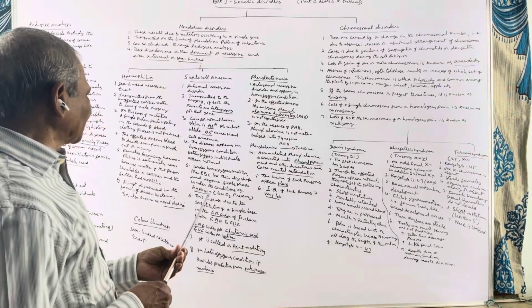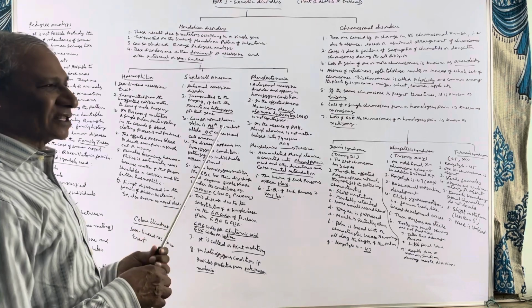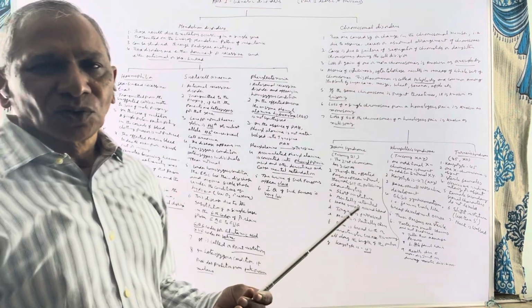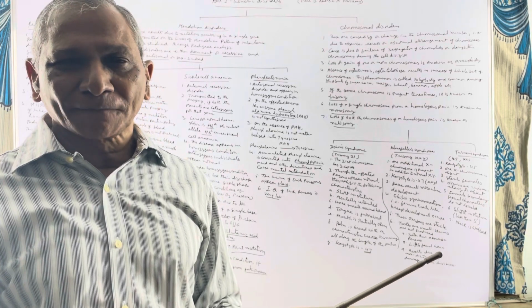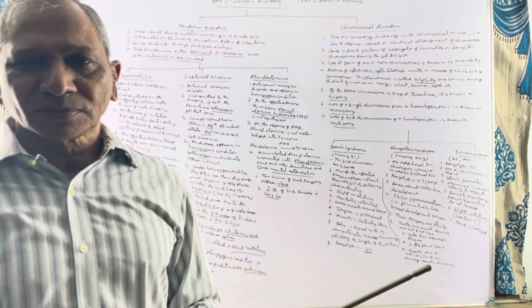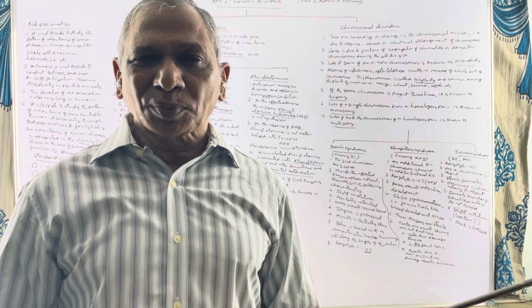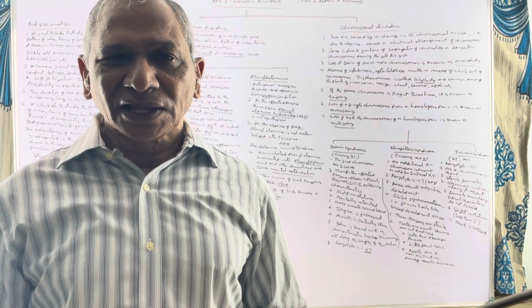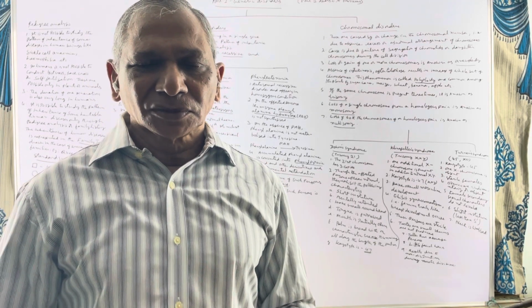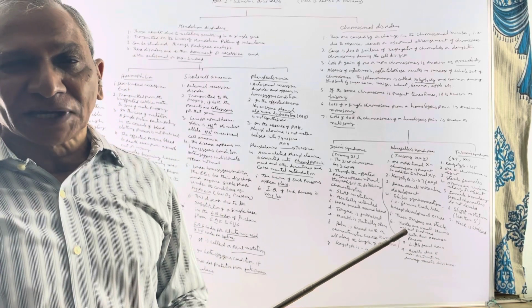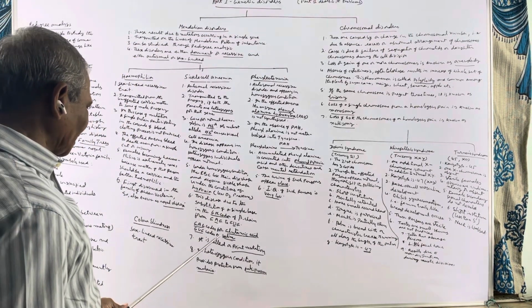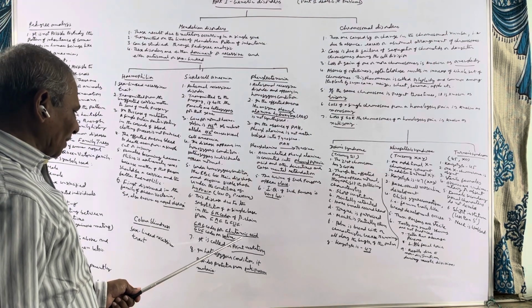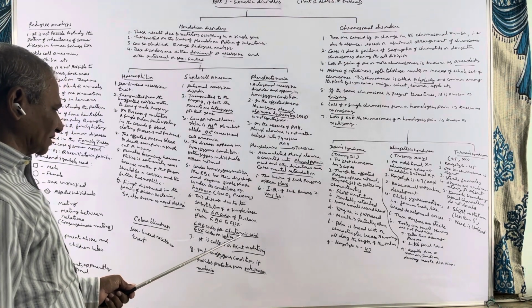Sometimes what happens is, a mutation occurs in one of the genes responsible for the synthesis of hemoglobin. In the hemoglobin, there are two polypeptide chains, alpha chain and beta chain. The mutation occurs in the beta chain. In the beta chain, in the 6th place, there is one amino acid known as glutamic acid.